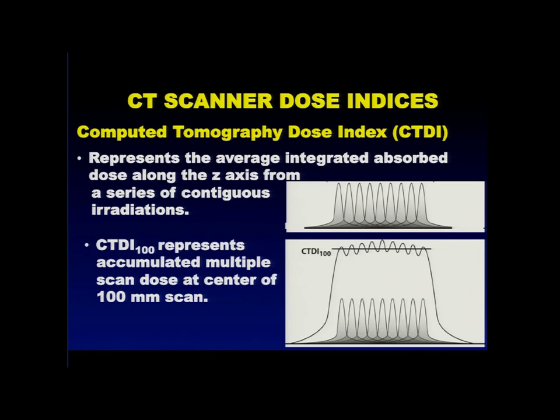And as a result of that, the total dose is equal to this peak dose plus all the contributions from the tails. And so my CTDI 100 is the average value of the overall dose profile that comes from the single individual profiles. So that's fundamentally your definition of CTDI 100.